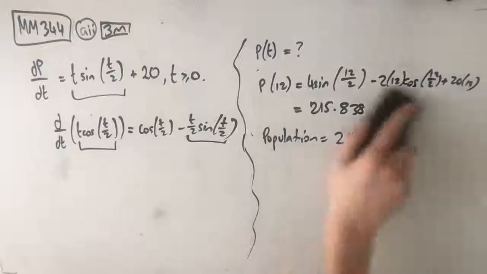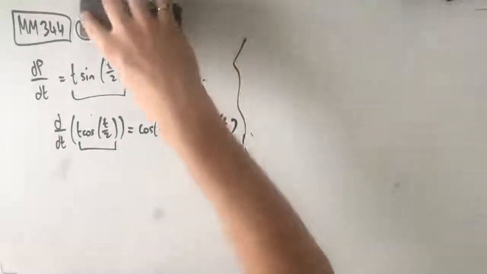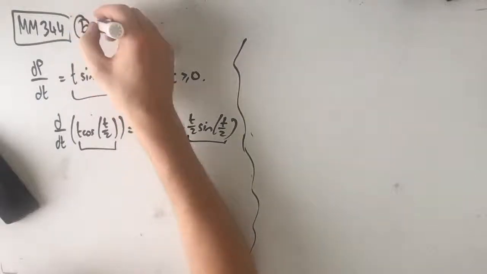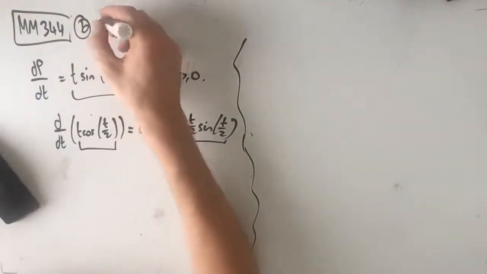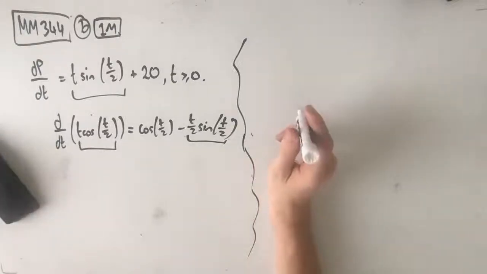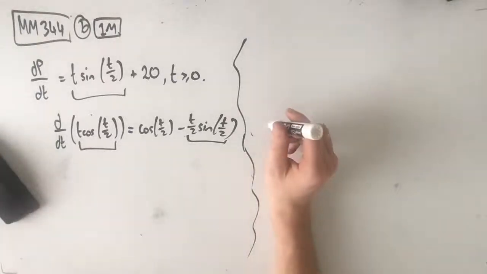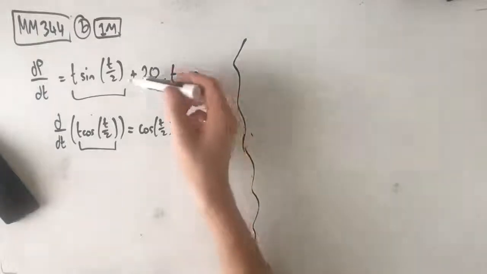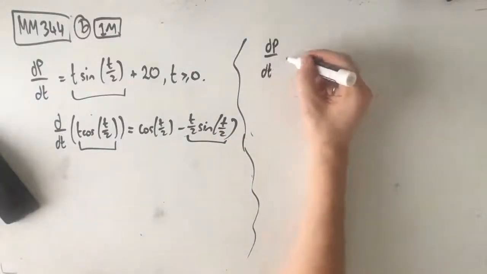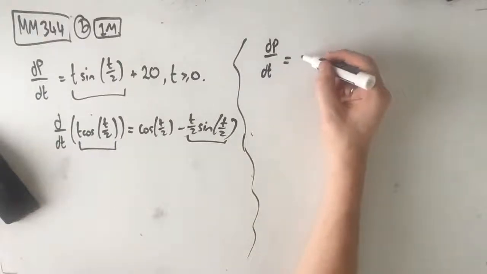Part B is simply a 1-mark question and says, how fast is the population growing 2 months after the observations begin? Give your answer correct to the nearest butterfly. Awesome. So what we're looking for is the growth rate 2 months after the observations begin. So we know that the growth rate is given by this formula here. So all we've got to do is simply sub in 2 for our t value.